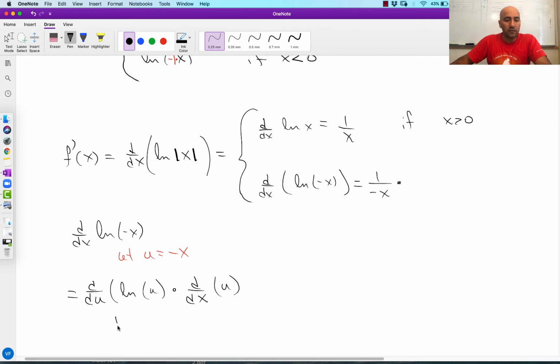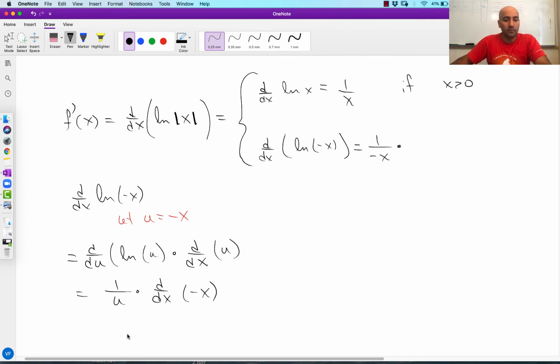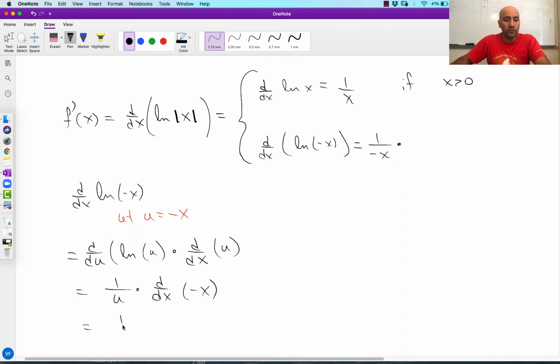So we know this is going to be 1 over u times the derivative with respect to x of negative x, and that's just going to be a -1. So u was 1 over negative x times -1, and so the whole thing cancels to give you 1 over x.